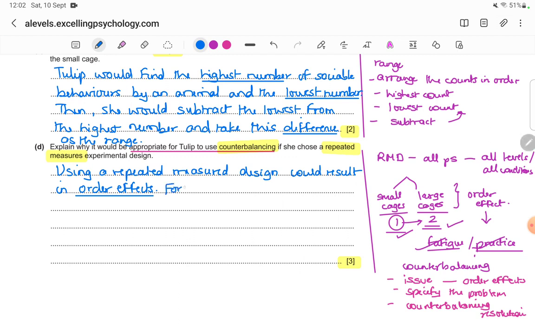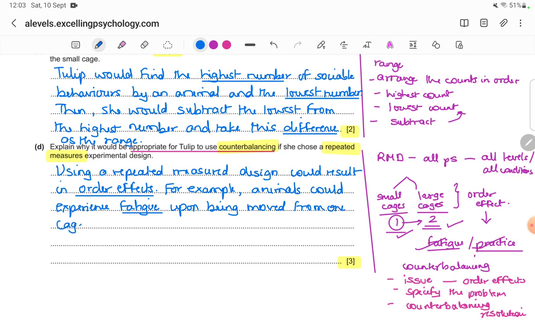For example, animals could experience fatigue upon being moved from one cage to the next after being observed for a while.